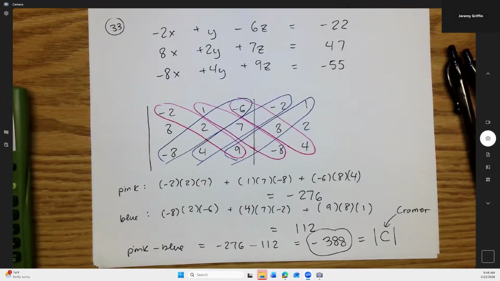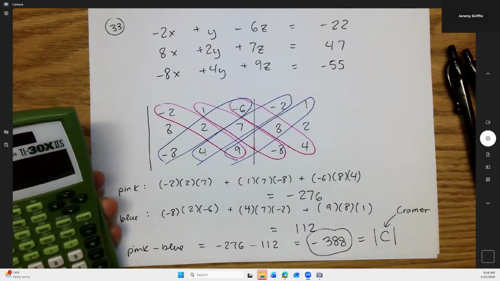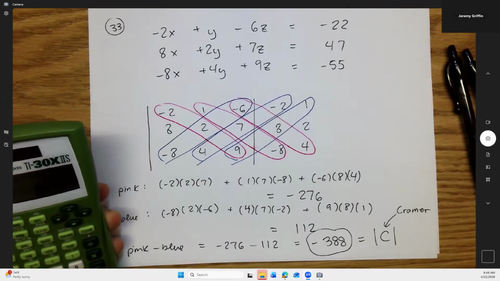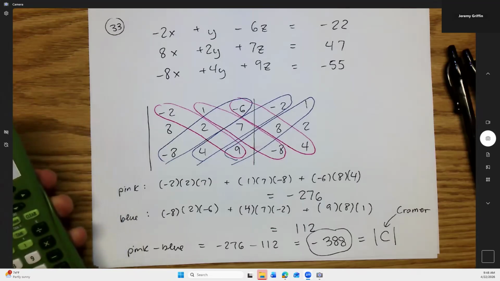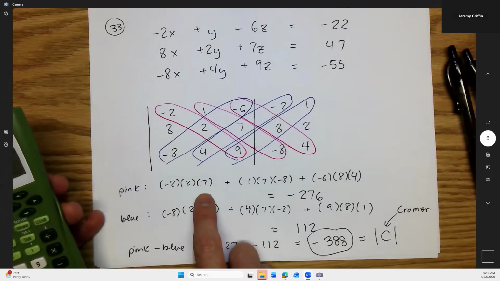How did you get negative? Let me double check. Negative 2 times 2 times 7. It's not 7, it's 9. For the pink, you said negative 2 times 2 times 7, but it's negative 2 times 2 times 9. Oh yeah, you're right, that's 9 right there.